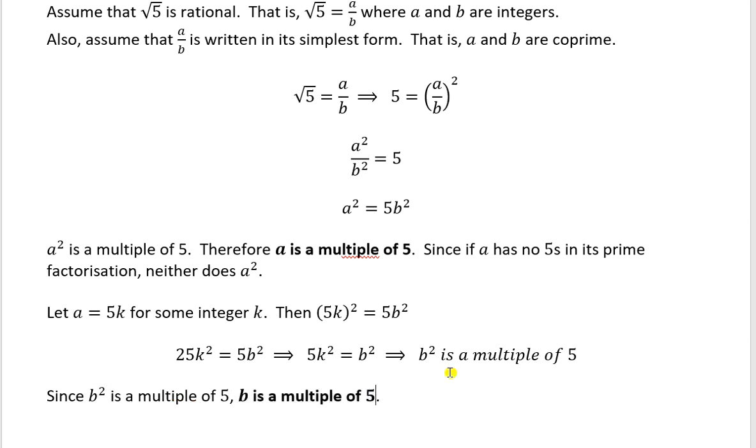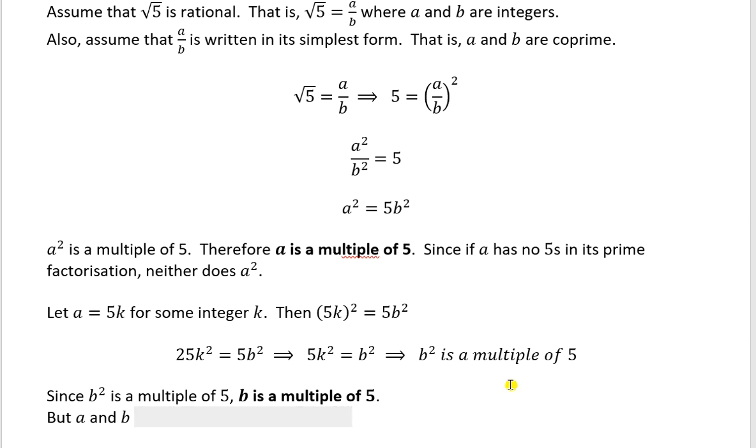We don't need to explain all over again why that's true. We explained it here, and the logic is the same here. But the key thing here is that a and b are both multiples of 5. We can say a and b have no common factors other than 1, or a and b have highest common factor 1.